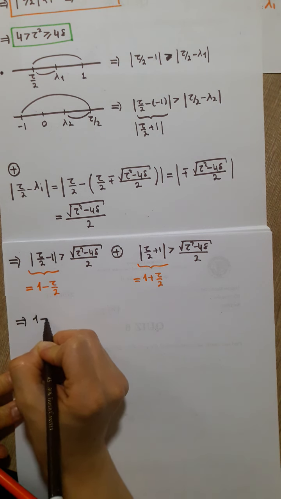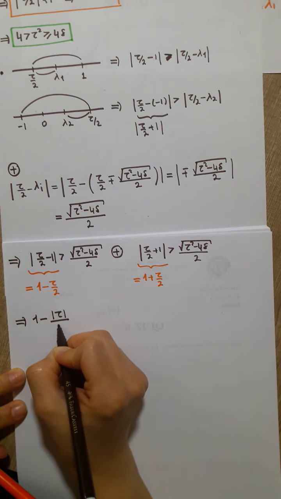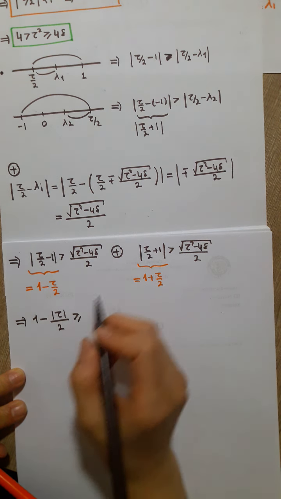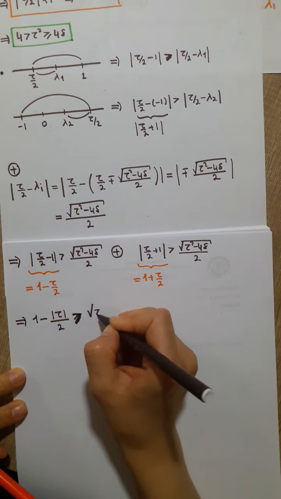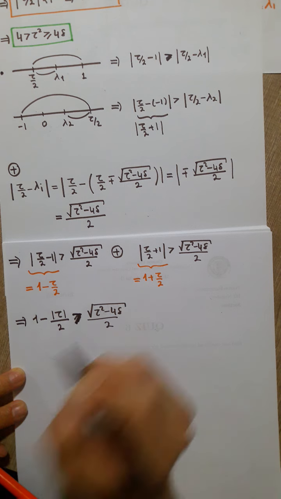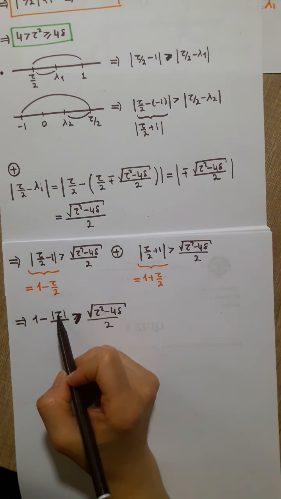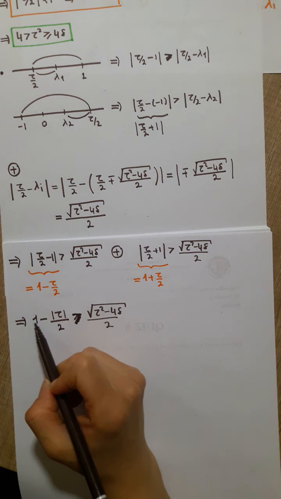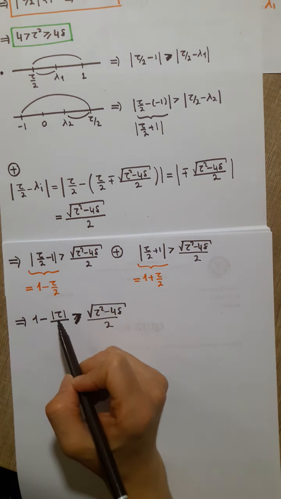I have 1 minus the absolute value of tau over 2 is greater than only square root of tau squared minus 4 delta over 2. Okay. If tau is negative, I have 1 minus tau over 2. If tau is positive, I have 1 plus tau over 2 here.